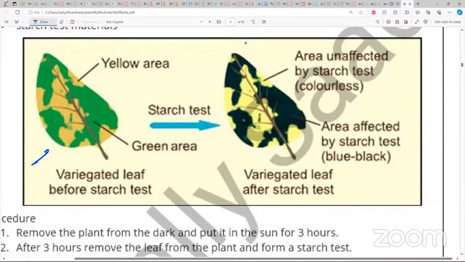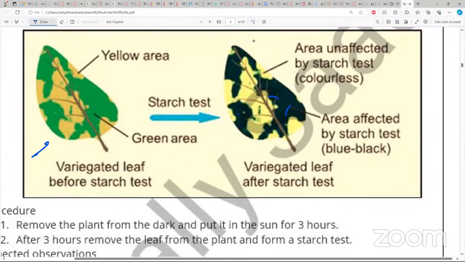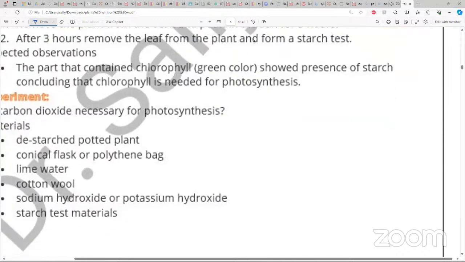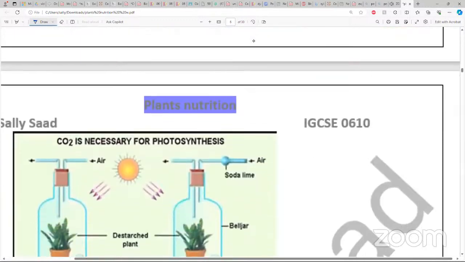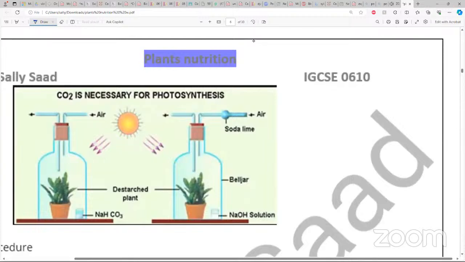Of course, the parts which are green will do photosynthesis. The parts which are not green will not do photosynthesis. So the blue-black parts will be for the chlorophyll parts, and the other will not have the result. Okay, this is proof for the test of the importance of chlorophyll for photosynthesis.